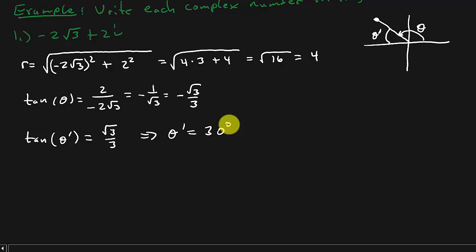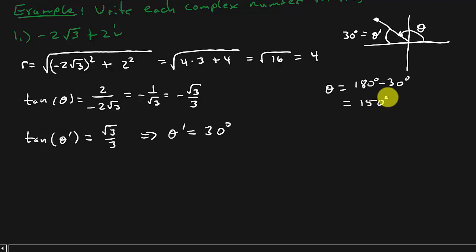All right. So hopefully all this is making sense. So this is 30. And so that means theta is equal to what? 180 minus 30, which is 150 degrees. All right.